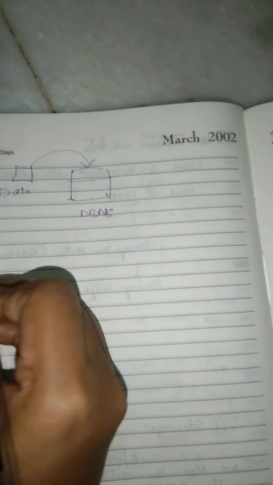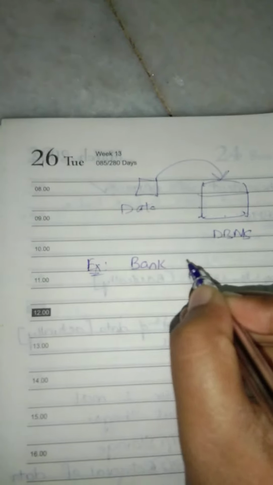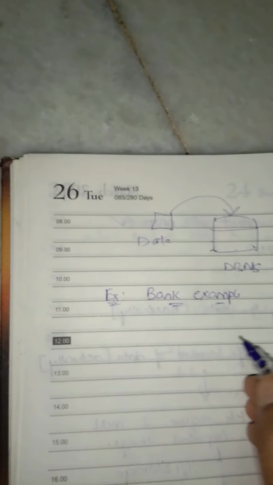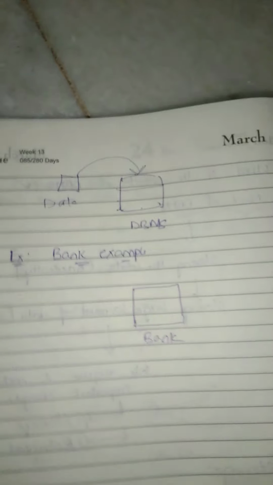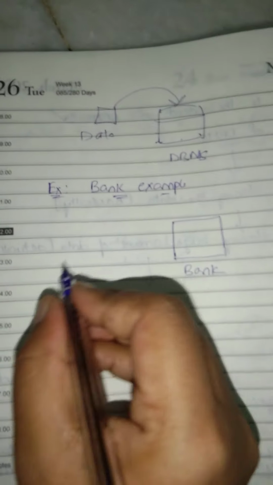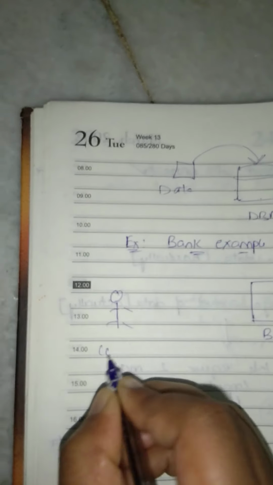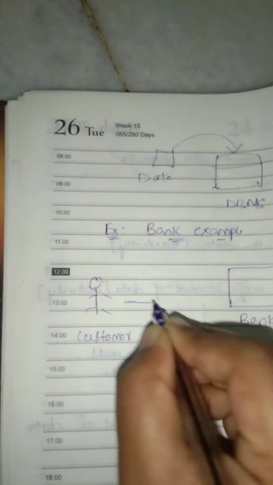If you don't understand using these diagrams, I'll give another example, a bank example. Let's think this is a bank, and one customer came to the bank.